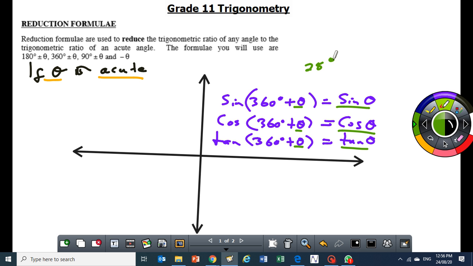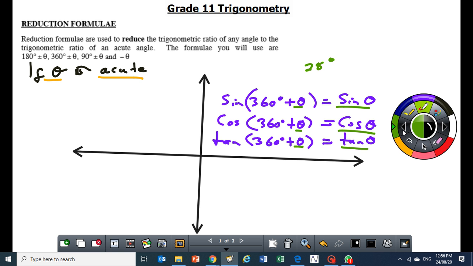You're getting 0.42 to 2 decimal places. Now, can you punch sine 25 degrees on its own? You're getting 0.42. So the sine of 360 plus theta, if theta is acute, is equivalent to sine of theta. So that's the first quadrant.